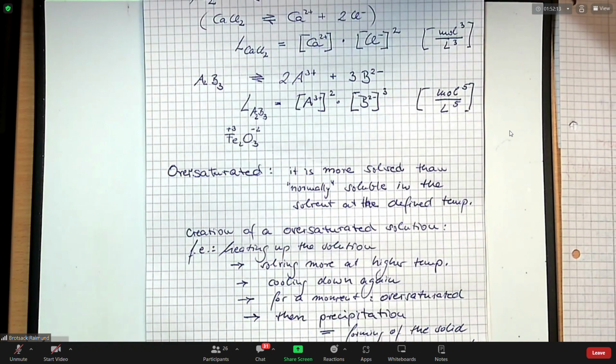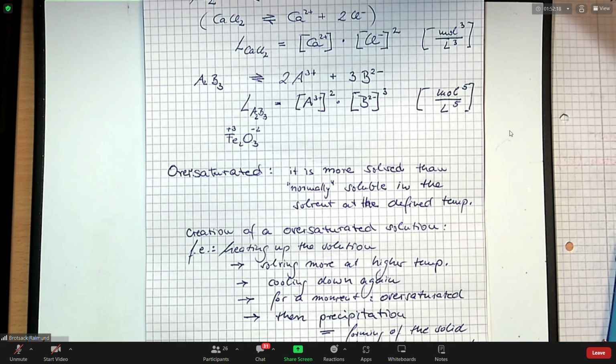So creation of an oversaturated solution, for example, by heating up the solution, means solving more at a high temperature, cooling down again, and then for a moment we have an oversaturated solution. When it's cooling down further, we have the precipitation. That means forming of the solid form of the component again, which can be filtrated or lies on the bottom, whatever.